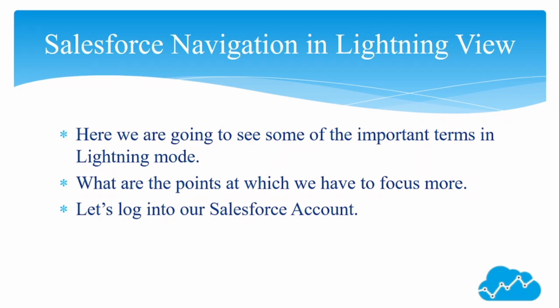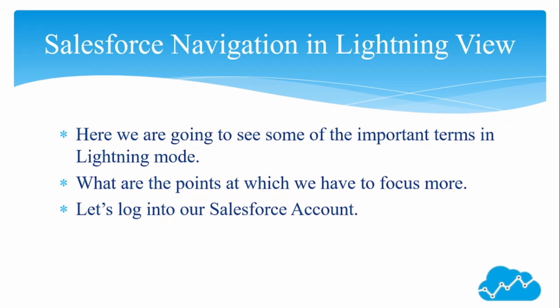In this session, we are not going to see any task or assignment to do, but what we are going to see is the overall navigation in Salesforce Lightning view, how we are interacting, and how things are done in Salesforce configuration and Salesforce customization in Lightning mode.